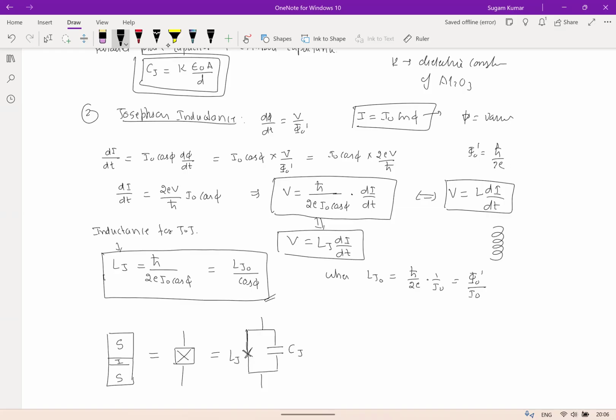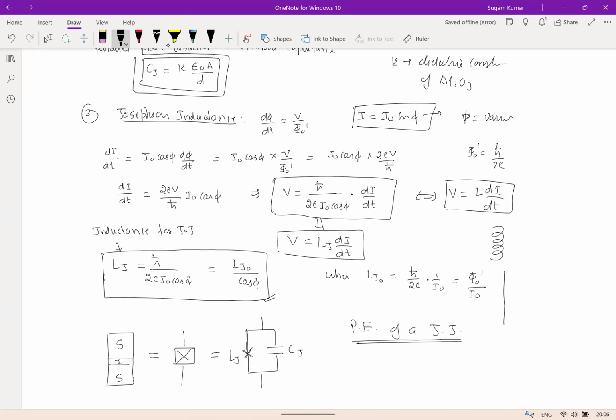And now things are very simple for us, because I have shown that this Josephson junction is behaving like a parallel capacitor and inductance. So what I can do is calculate the potential energy of a Josephson junction, because that energy, you can see, is going to add up.